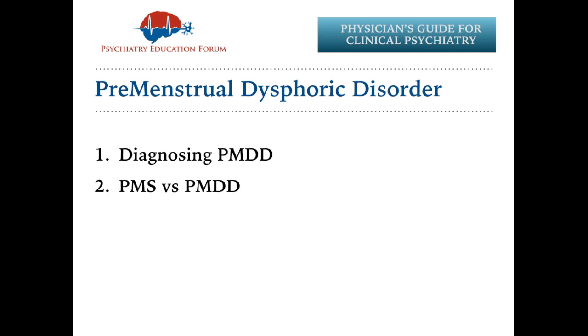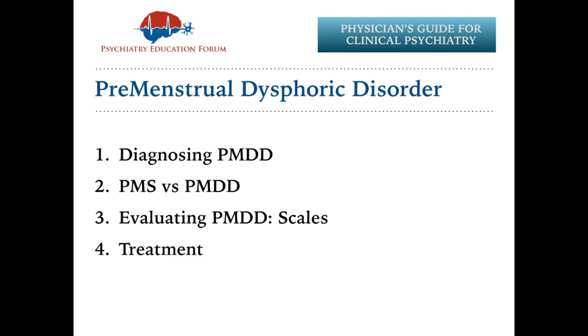Second is, how do we differentiate PMDD from premenstrual syndrome, PMS? Third, how do you evaluate PMDD with scales? And fourth, which is the most important, and I think the largest part of this podcast, is treatment options for premenstrual dysphoric disorder. And this will focus on not only pharmacologic options but non-pharmacologic options also.